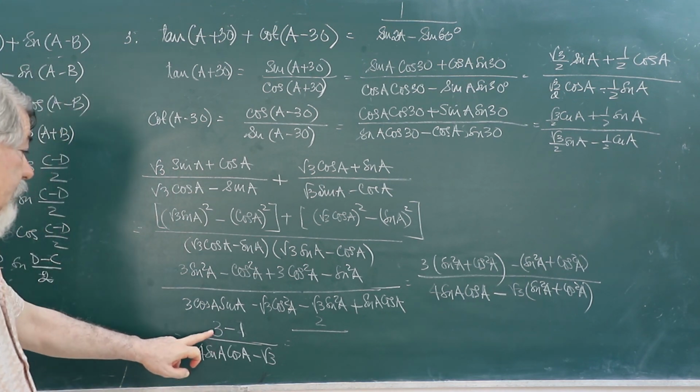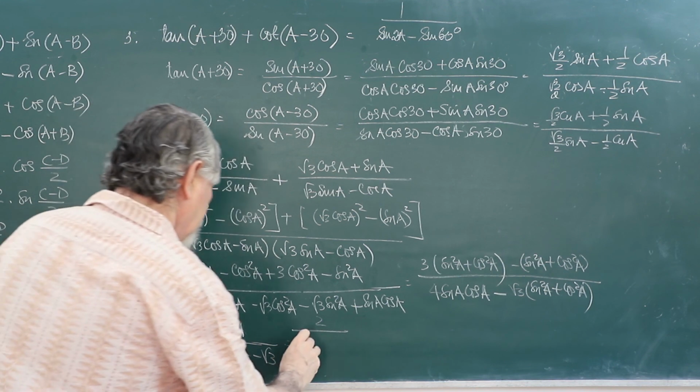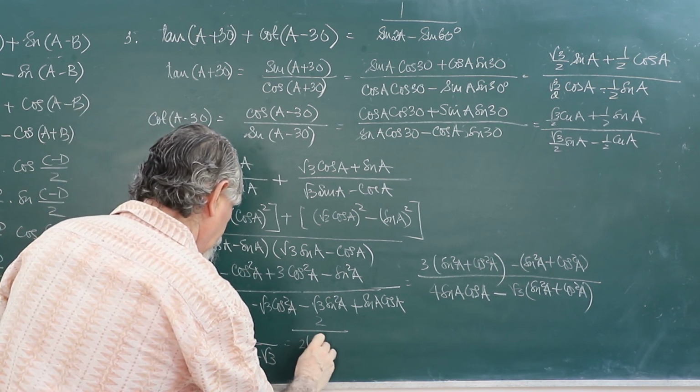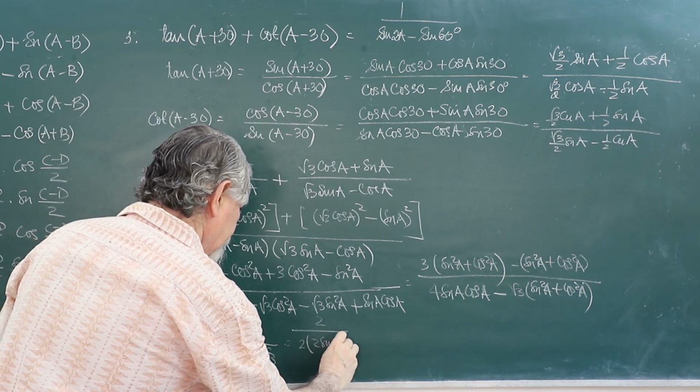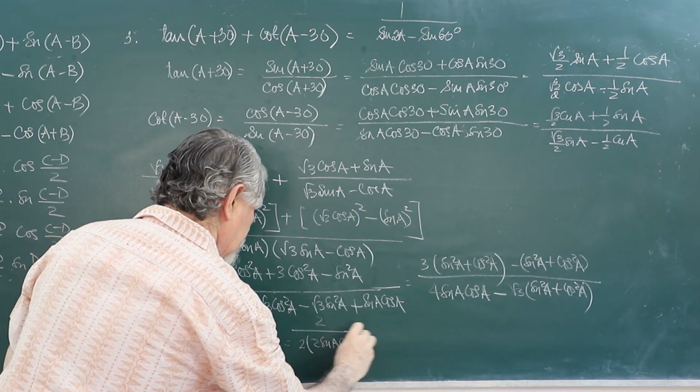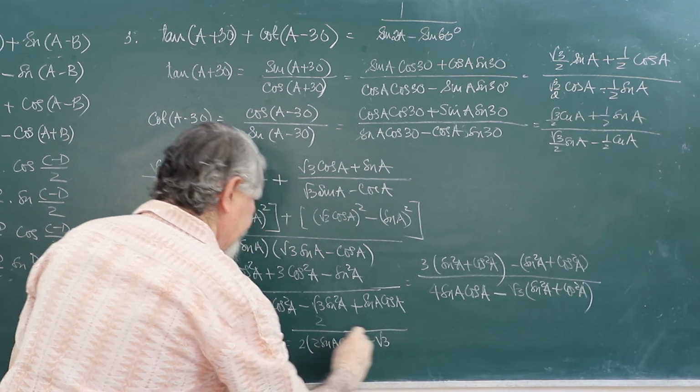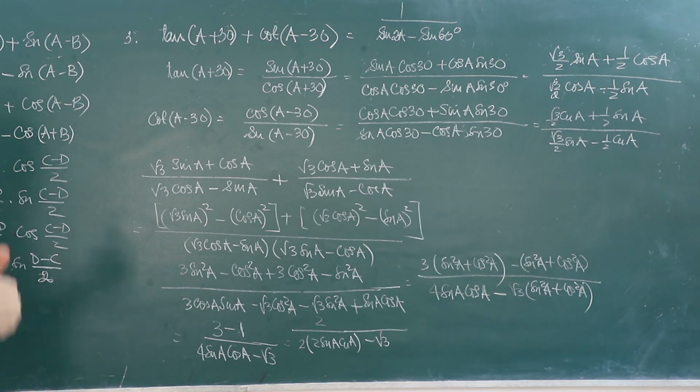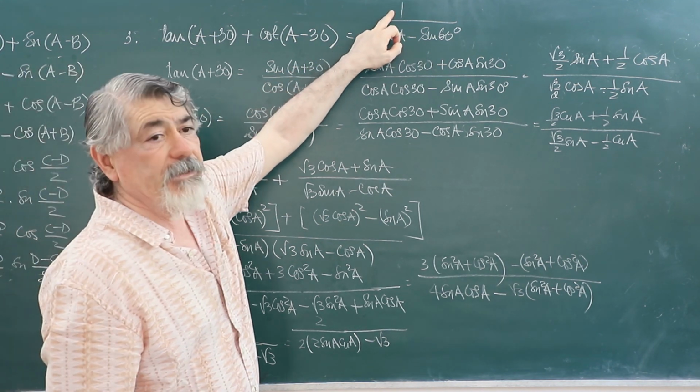Now what I'll do is, it is 2 into 2 sin a cos a minus root 3. I'll divide numerator and denominator by 2. Why? Because I want 1 in the numerator.